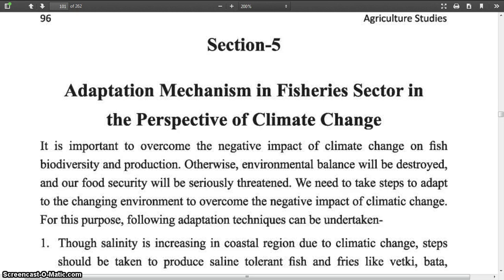We need to take steps to adapt to the changing environment to overcome the negative impact of climate change. For this purpose, the following adaptation techniques can be undertaken.